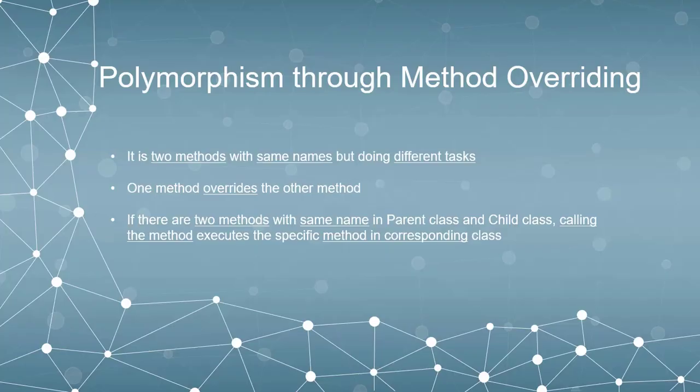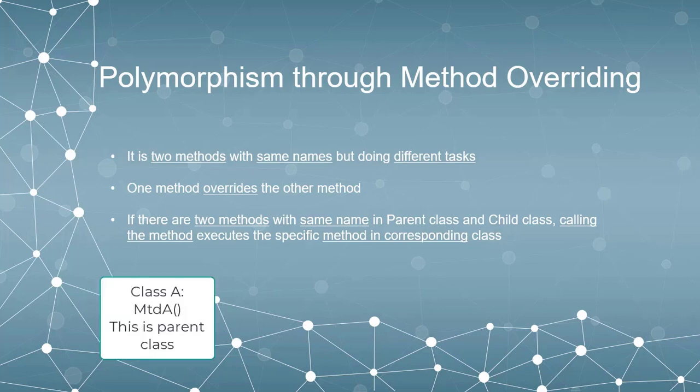Polymorphism in Python can be achieved through overriding and overloading. In this video, we can see how to implement polymorphism with the concept of overriding.